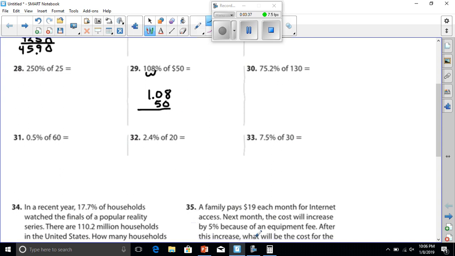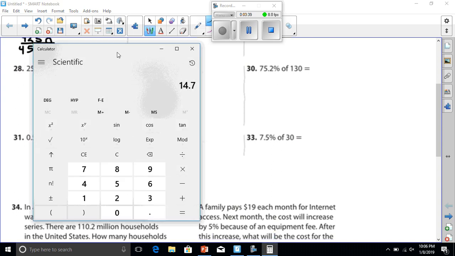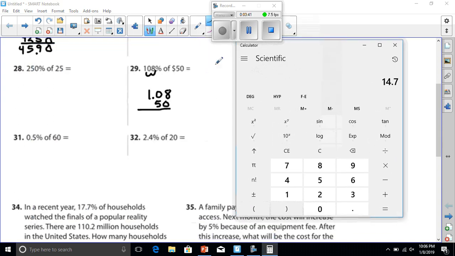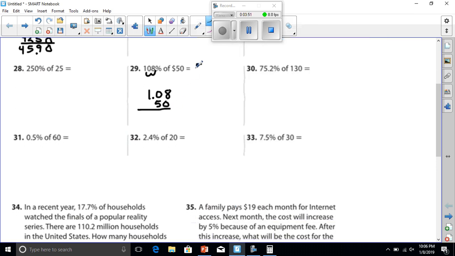Let's see what our answer will be. Well, 1.08 times 50 is going to give us $54. That makes sense because 100% of 50 would be $50, and 8% would just be a little more than $50. Well, $4 a little more.